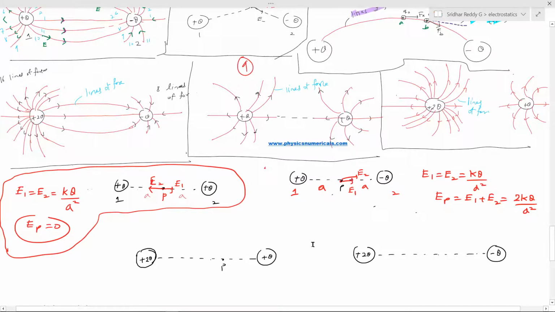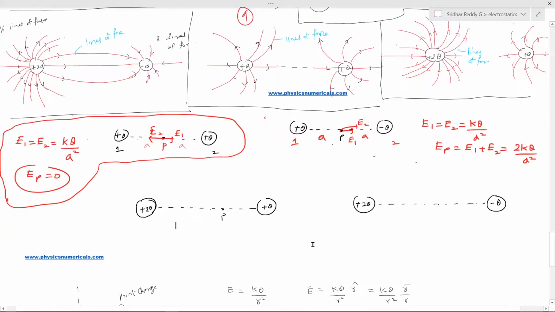Will the field be 0? What is the condition now? This has a magnitude 2Q, this is Q. So the field will be 0. The distance of separation between them is how much? 2A. Let me pick up a point at a distance X.